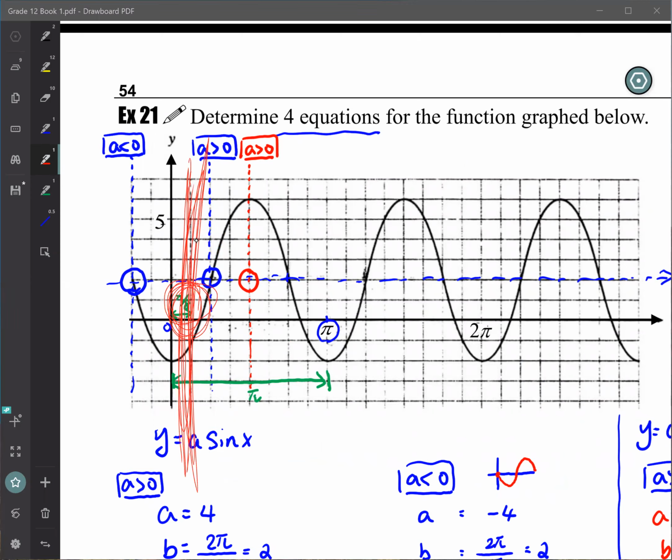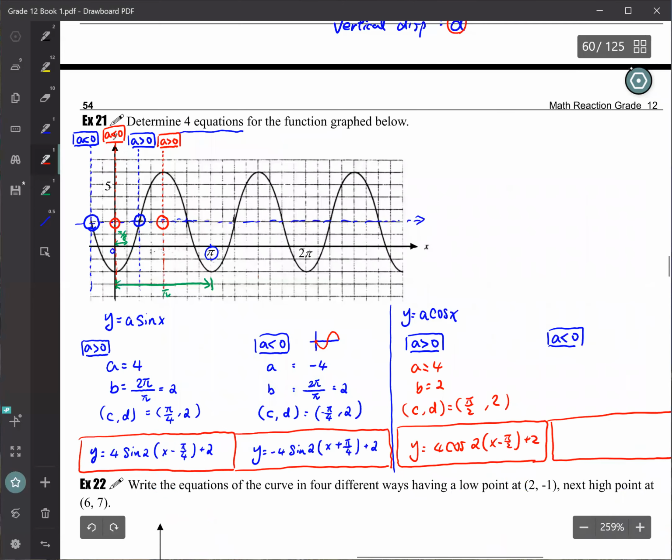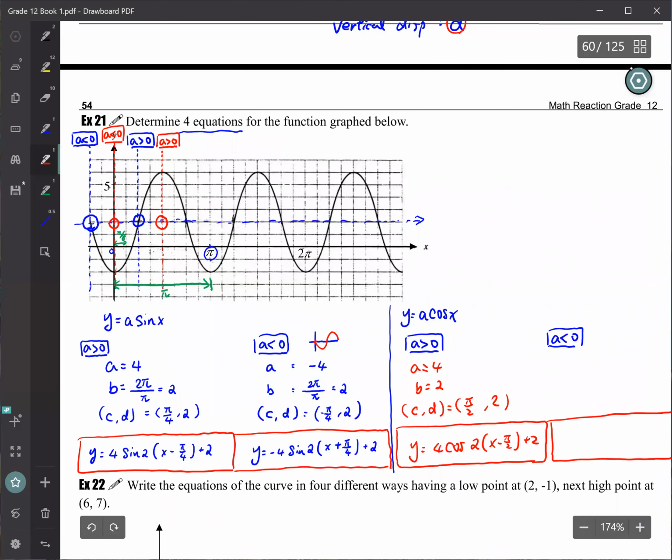Okay. So it will be at the original, right? So it will be on top of the original. Okay, so that will be for a less than 0. Okay, let's go back to the final one. So a is -4, b is 2, cd.